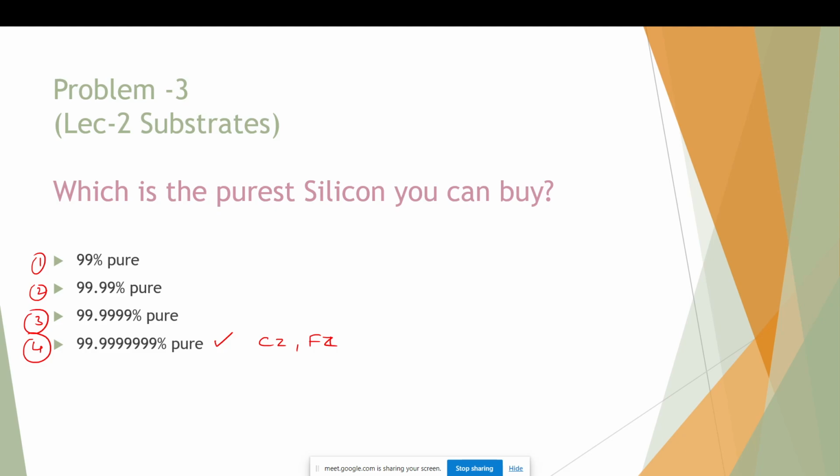Okay, so the sir has taught about these two methods. What was the question again? How are we making wafers using which method, right? FZ method or CZ method. So think of these as ways to purify the ingot.